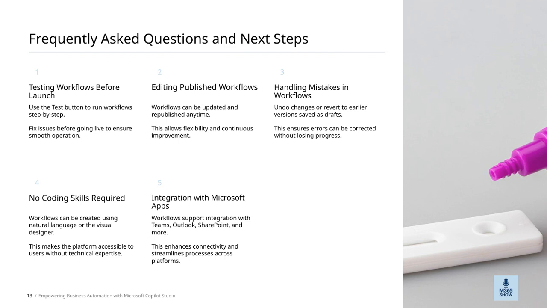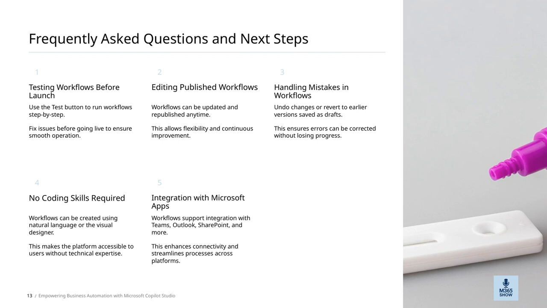Another important point is how we handle mistakes. You can undo changes or revert to earlier versions saved as drafts. This feature ensures that if something isn't quite right, you can fix it without losing your progress, giving you peace of mind. And of course, workflows are not set in stone. You can update and republish them whenever needed, allowing for continuous improvement and adaptation as your needs evolve.